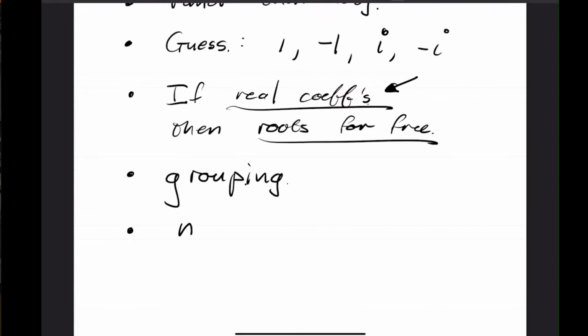And our final strategy is if we have a factor which has the form x to the n minus c, then the roots corresponding to that factor are of course all the nth roots of c. And we've seen in chapter 6 how to compute the nth roots of a complex number c.